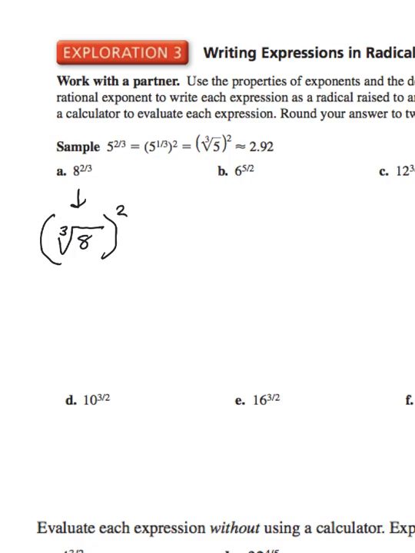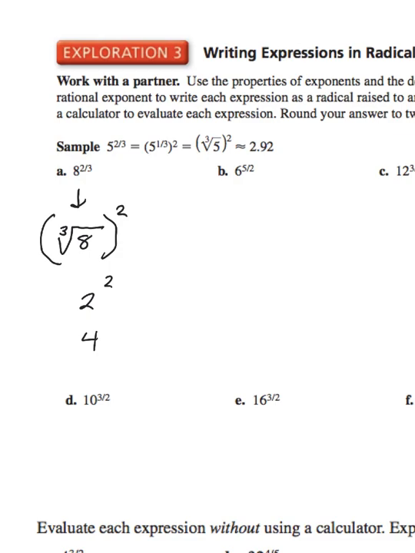Cube root of 8 has an actual answer: there is a number multiplied by itself 3 times that equals 8. So we can simplify that. That's the same as 2 squared, or 4.